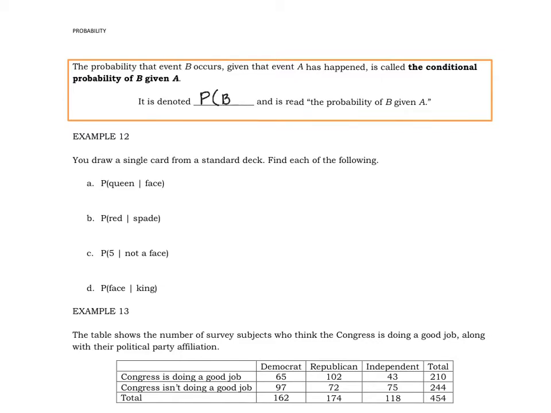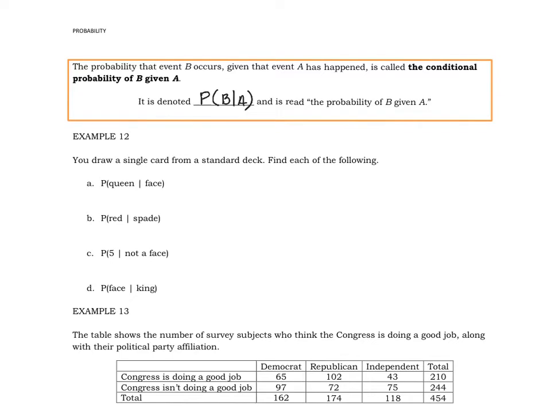So probability of B given A. And it's read just as I said, probability of B given A. So remember what we've said in conditional probability, the number of outcomes will be changed.